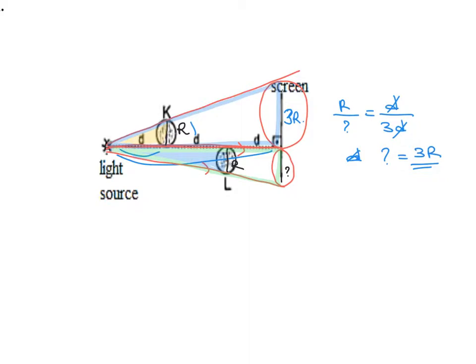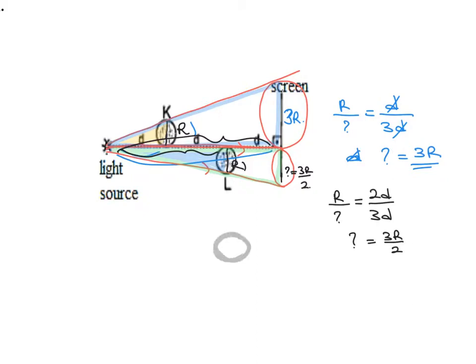So from the similarity, R over the unknown diameter should be equal to 2D over 3D. So the unknown diameter is equal to 3R over 2. So you see that it is a small shadow. So I can draw: we have a big shadow upside and a smaller one at the bottom of it.